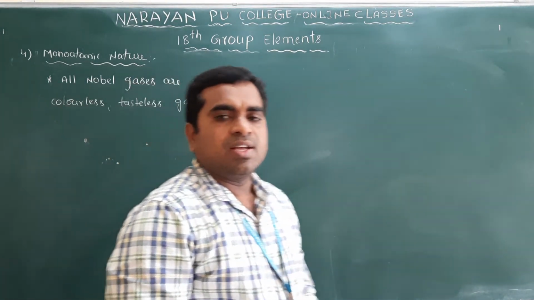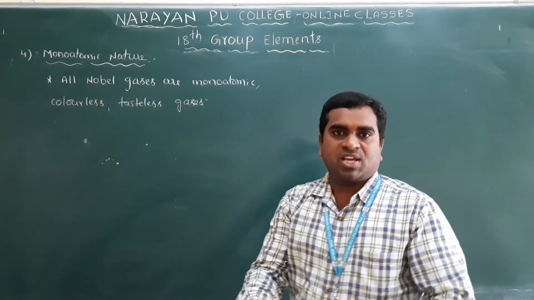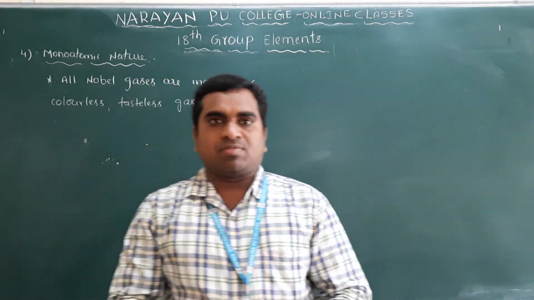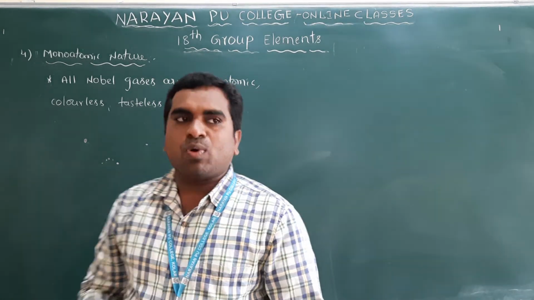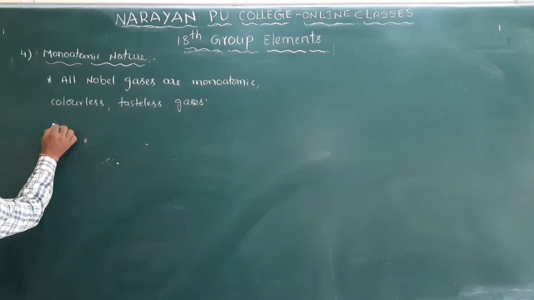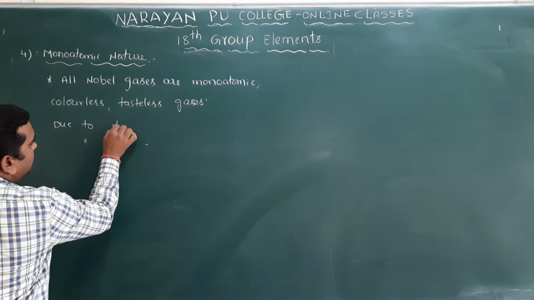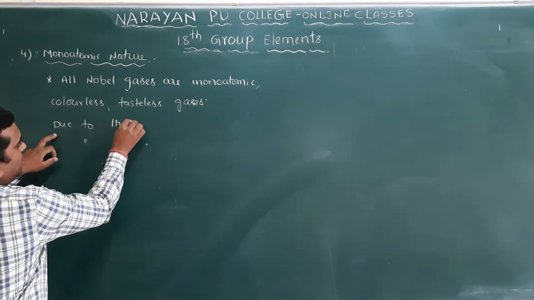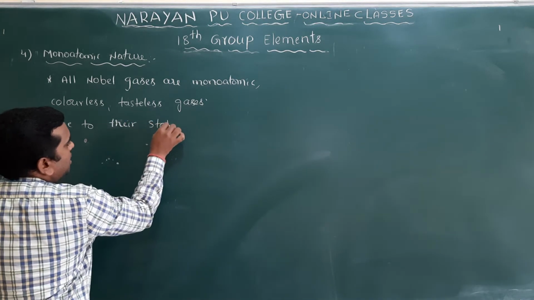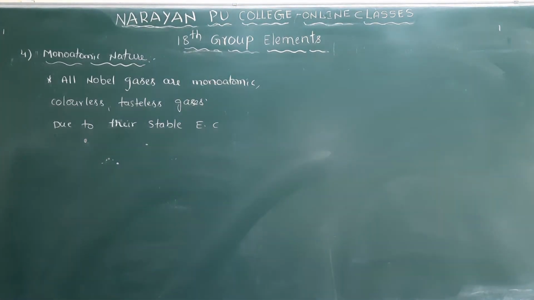Because of their stable electronic configuration, they do not even combine with themselves. To combine, they would need at least one unpaired electron, and they don't have any. So the monoatomic nature is due to their stable electronic configuration.